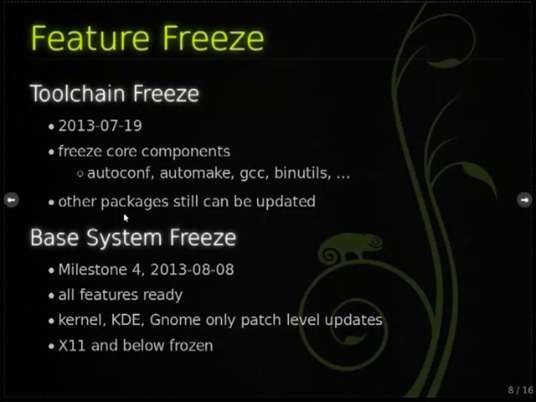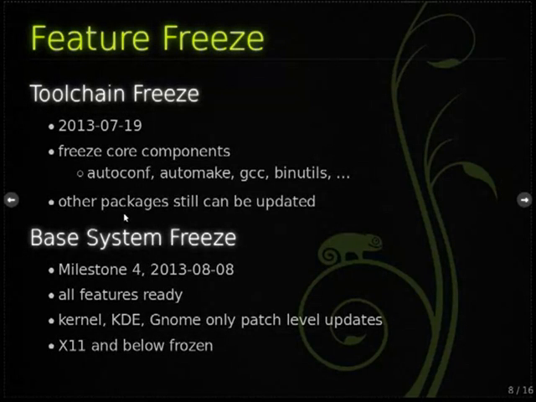Feature freeze is divided into multiple phases. We start with toolchain freeze, which freezes some really basic core stuff like autoconf, automake, GCC, and stuff that we need to actually build the factory or distribution, because this stuff can break a lot.